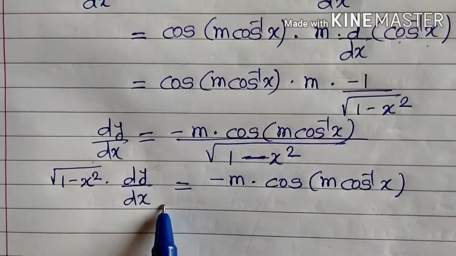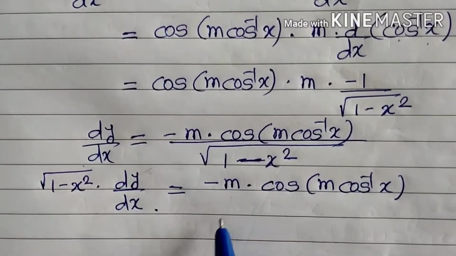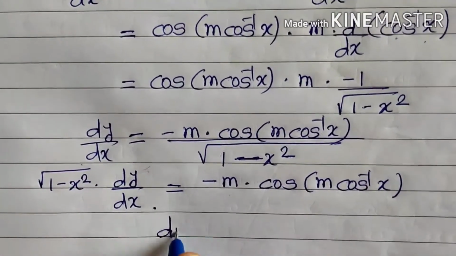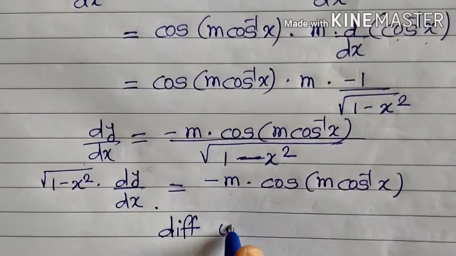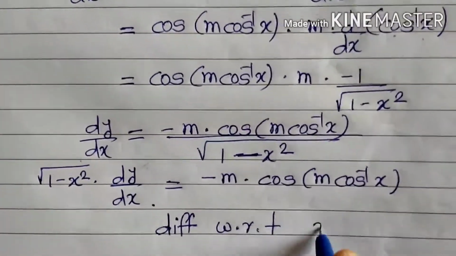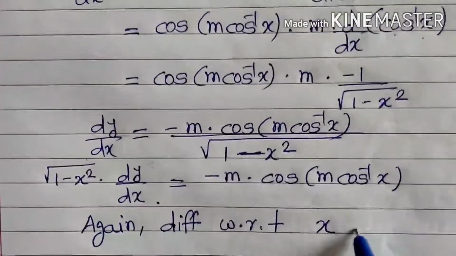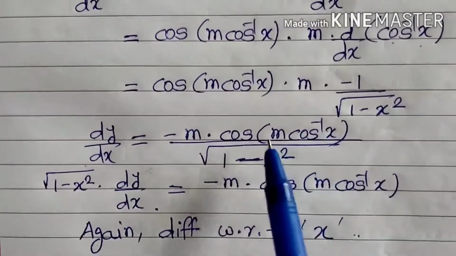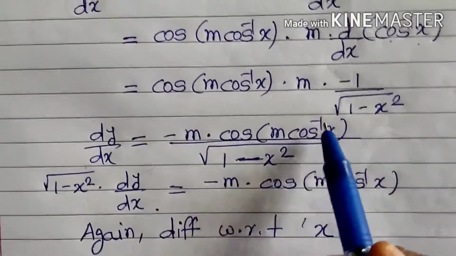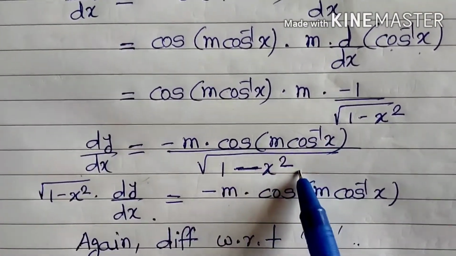Now we have to find the second order derivative. So differentiate with respect to x again. Note that if you differentiate here, then you have to use the u upon v rule.